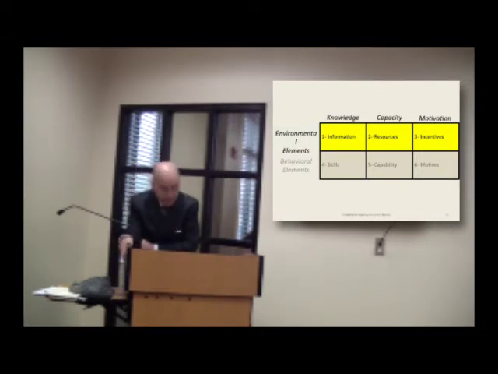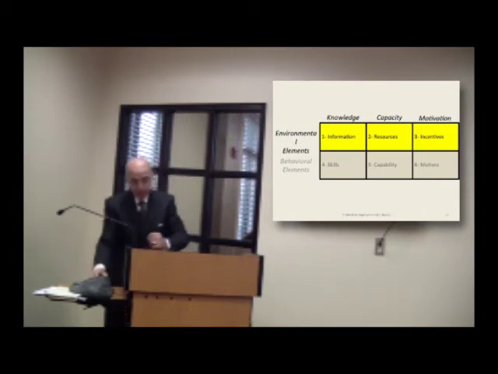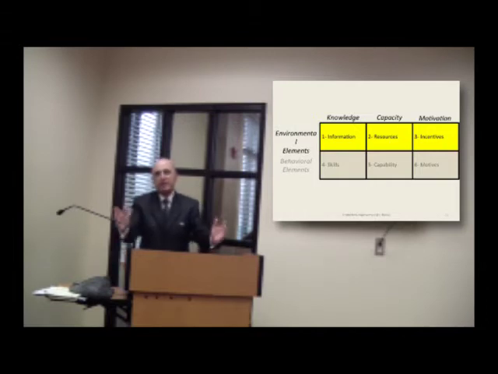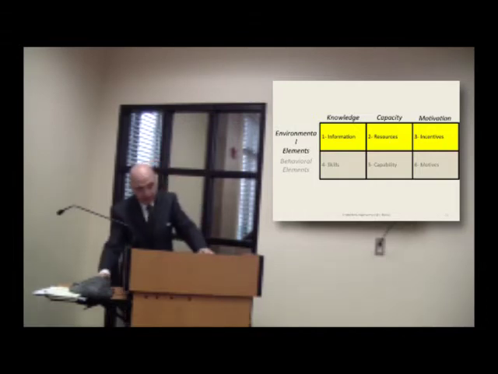If we look at the environmental element, we'll find a difference in the information, the resources, and the incentives. If we look at the behavioral element, we'll find the skills, the capacity, and the motives. Those are the six elements that could contribute, combined or individually, to the difference between the exemplar and the average.